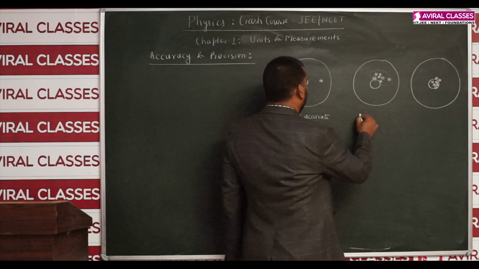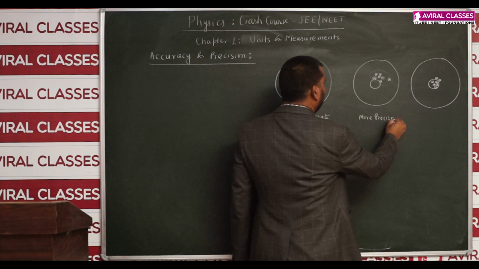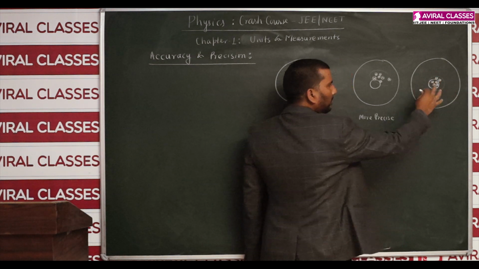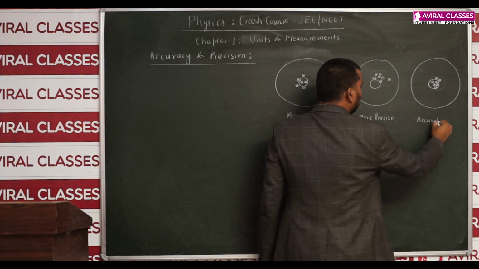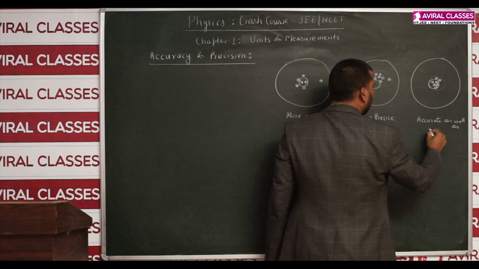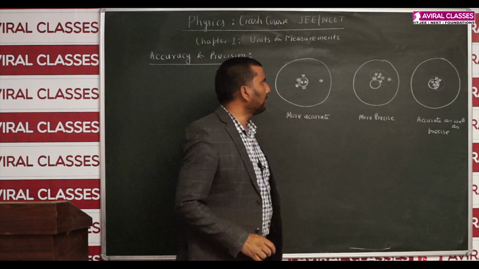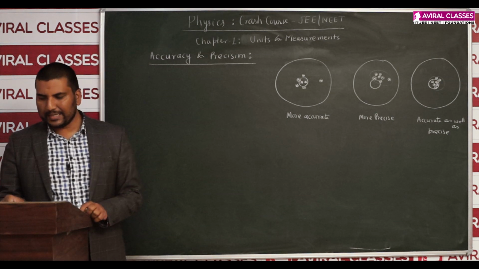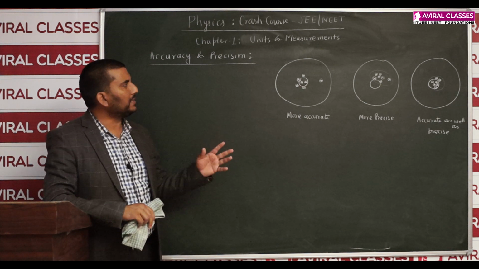So it is more precise. And this one is more accurate and more precise, means accurate as well as precise. Now I think you are able to understand what is the difference between accuracy and precision.